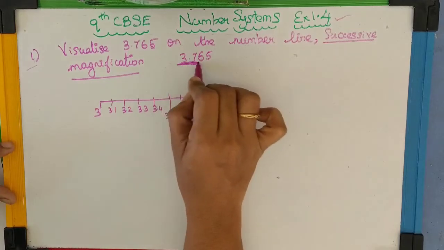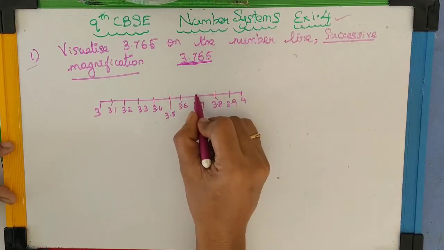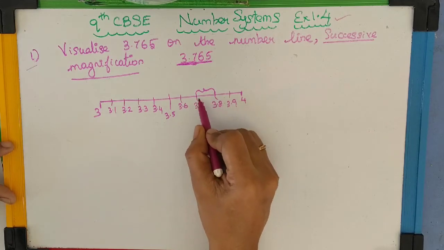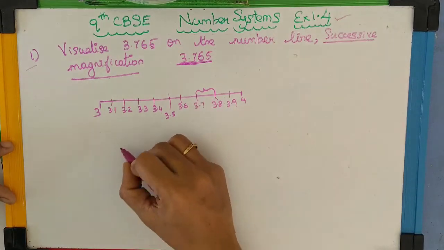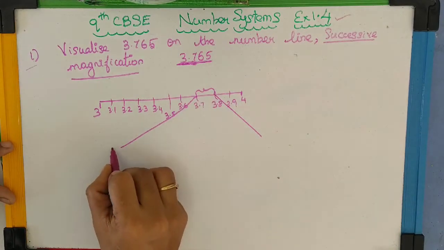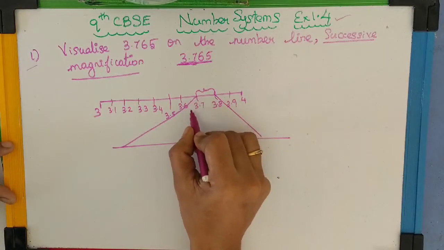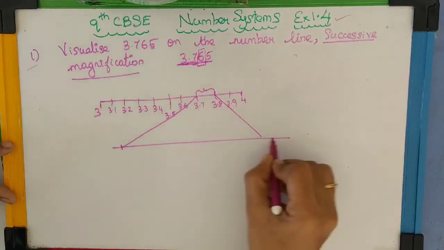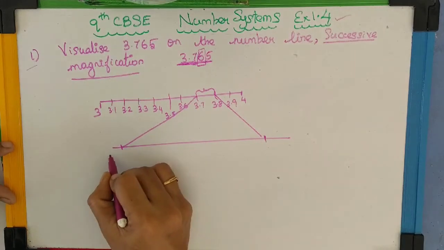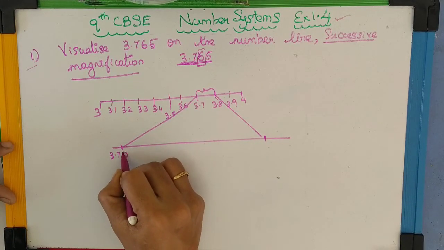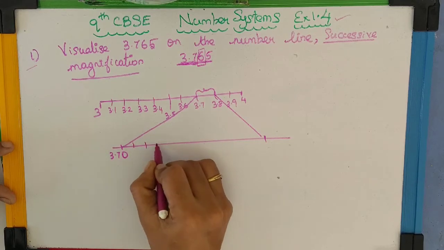Now, where will 3.765 be? It is not exactly at 3.7. It's somewhere between 3.7 and 3.8, isn't it? So now we have to visualize the second decimal, that is 3.76. So how should the number line be? It should be 3.71, 3.72, because we have to visualize the second decimal, that is 76.